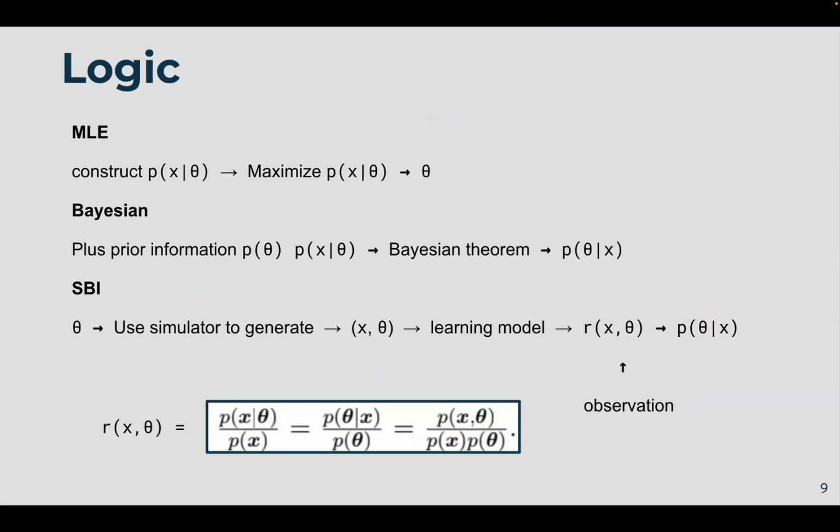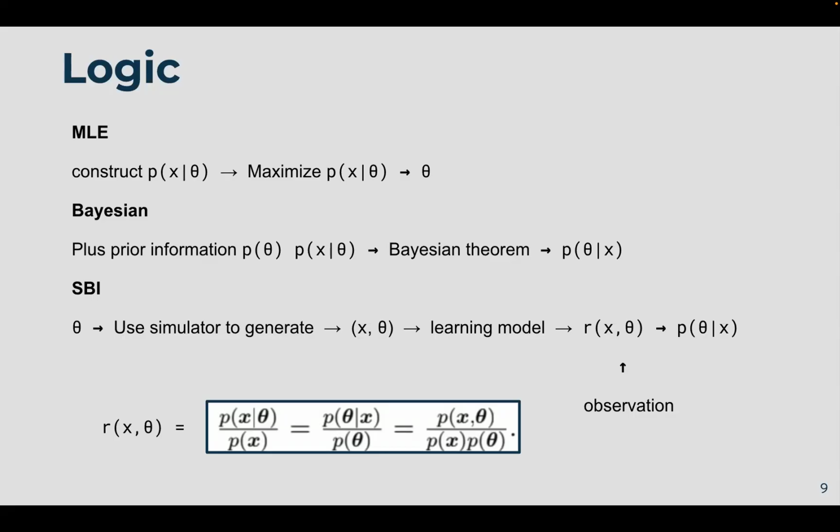And here we can see the differences of MLE, Bayesian method, and SBI. And I want to make it clear here that we can also see the forms of the evidence ratio. So it equals the left part, the likelihood ratio, and it also equals the right part, the joint distribution over marginal distribution.